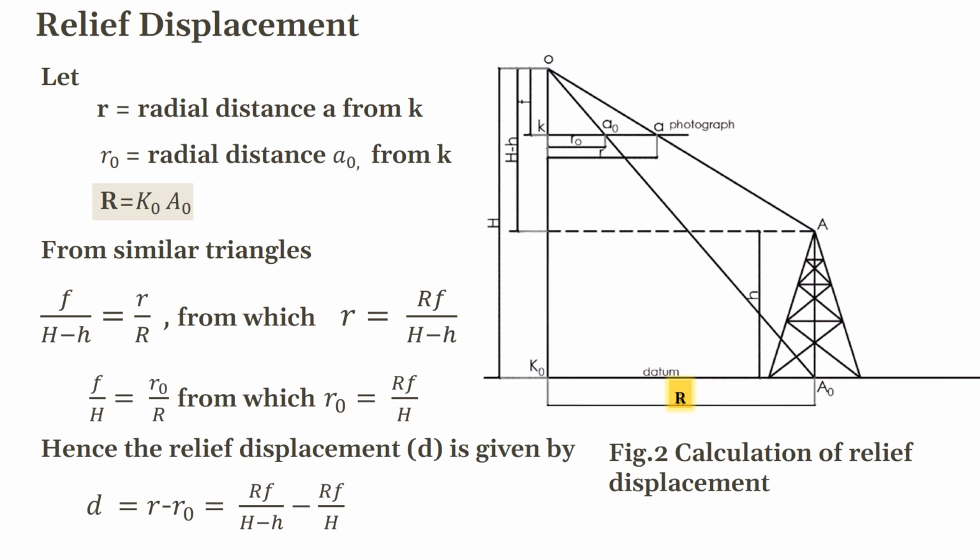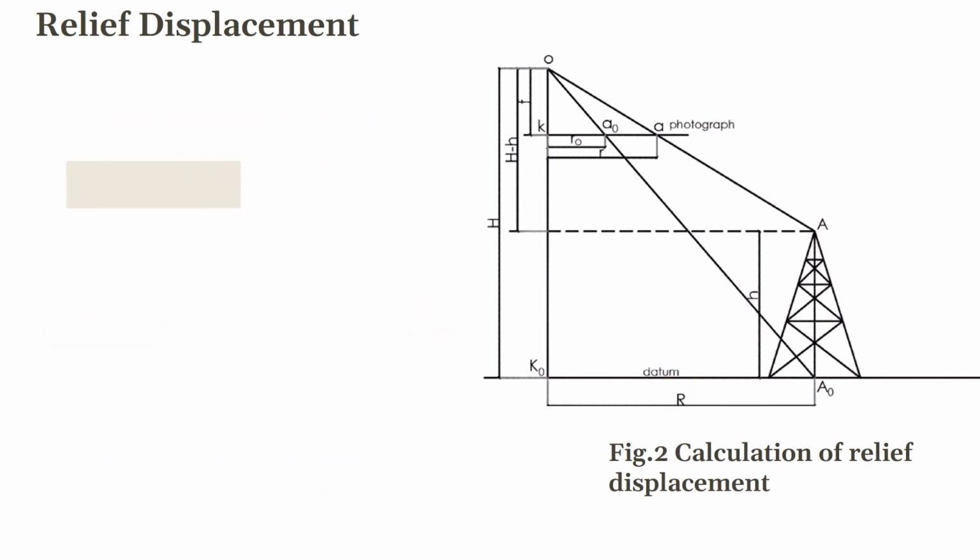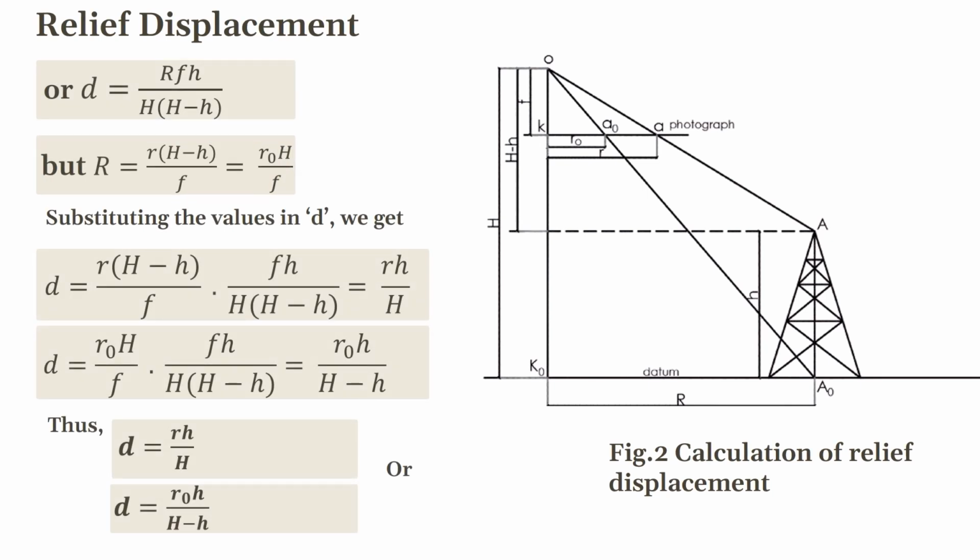So, plugging in the above values, we get capital R f by h minus R f by H, and by simplifying we get small d is equal to capital R f small h by capital H into capital H minus small h.